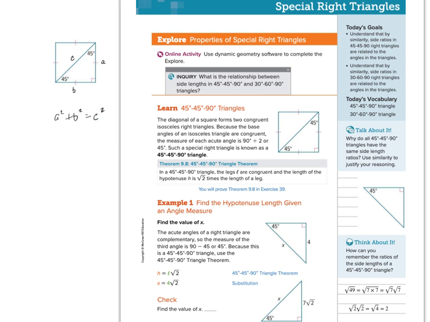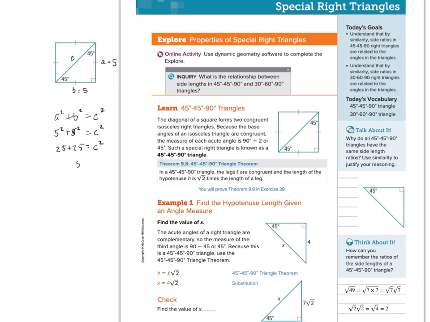Let's say my side length is 5. Well, then B is also 5, because a square has the same length sides. So I would have 5 squared plus 5 squared is equal to C squared. So 25 plus 25 is equal to C squared.